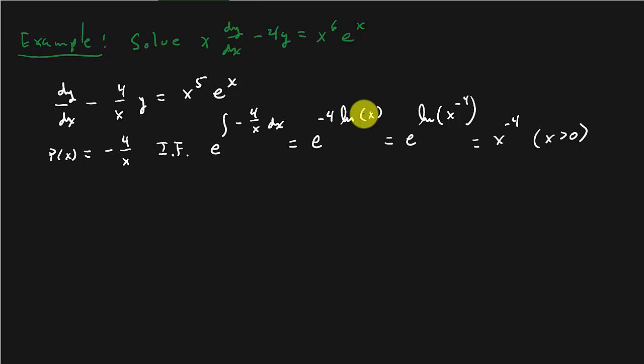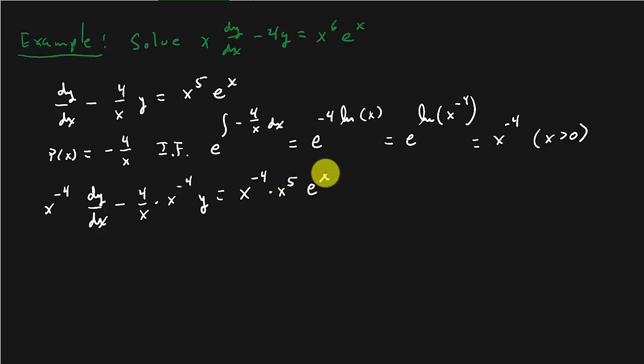All right. Now we're going to multiply each term by the integrating factor. So I've got x to the negative 4 dy/dx minus 4 over x times x to the negative 4 y equals x to the negative 4 times x to the 5th e to the x.